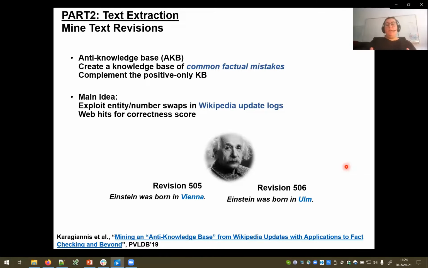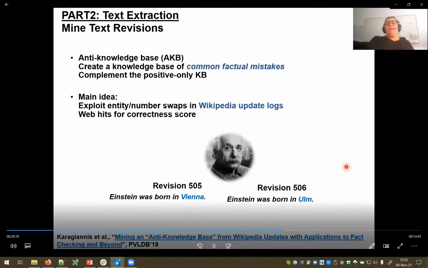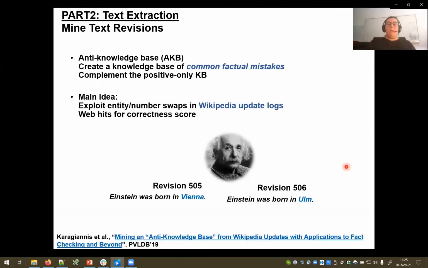And to check the correctness of these revisions, because it could be the other way around, right? It could be that it was correct and someone changed it into something incorrect. In this case, web hits are used in order to check correctness. So would we get more hits for "he was born in Vienna," or would we get more hits for "he was born in Ulm?" And that's how correctness is being judged.